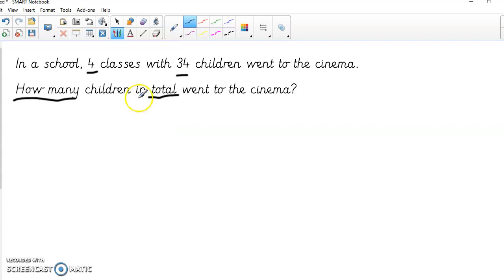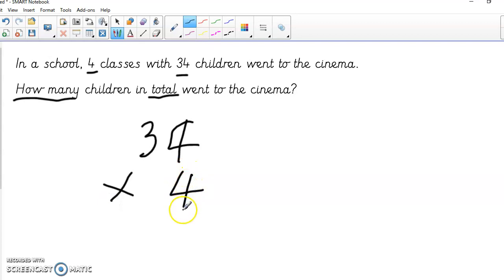So I have my 34. I put my multiplying sign and I put my 4 underneath my 4. And then I have my numbers.